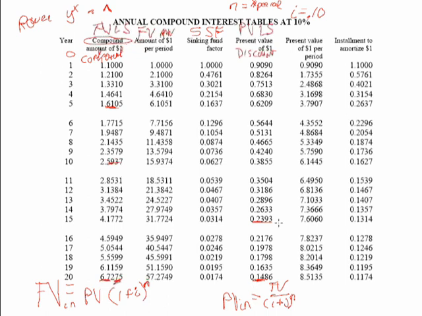Now the next column is the present value of an annuity. So we'll abbreviate that PVANN, present value of annuity. And here what we're doing is we have some annuity, again, a constant payment over equal periods of time.